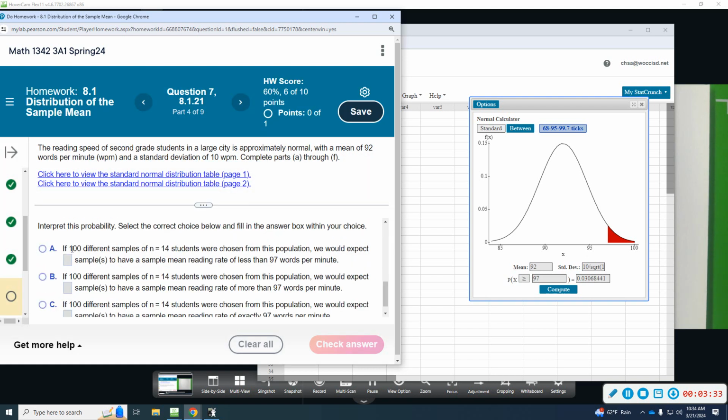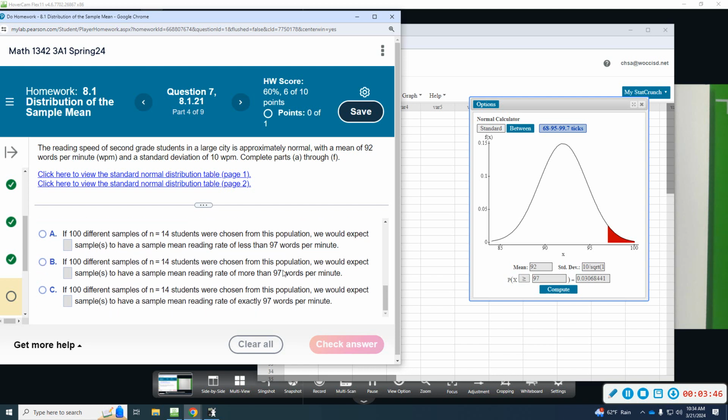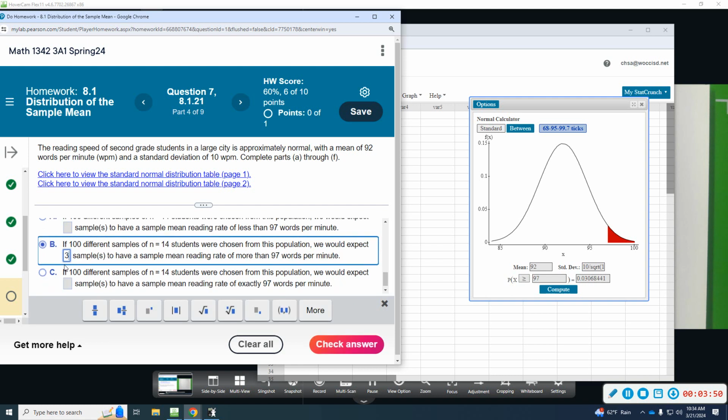If we did this 100 times, so I'll multiply this probability times 100, that gives us roughly 3, rounded to a whole number. And we want more, so B, roughly 3 from that sample.